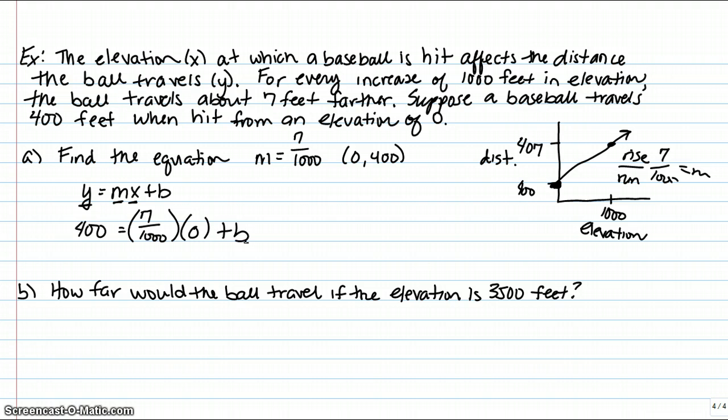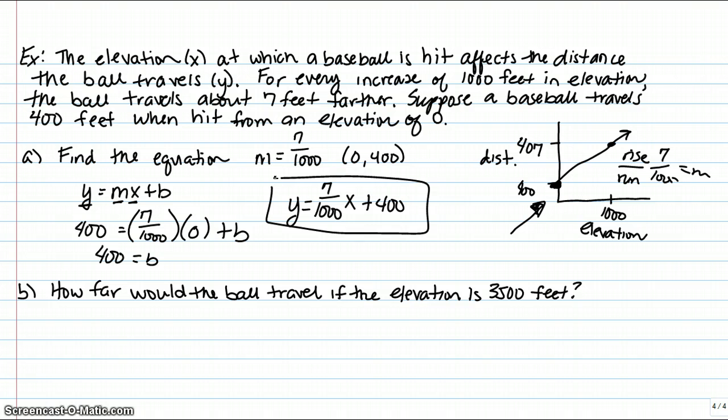Well, 0 times that fraction, of course, is 0, so that leads 400 to be equal to b. And if you look at the graph, that, of course, is where the line crosses the y-axis. So those two things should match up. So therefore, the final equation is going to be y equals 7 over 1,000 x plus 400.